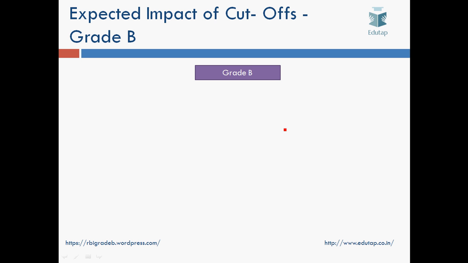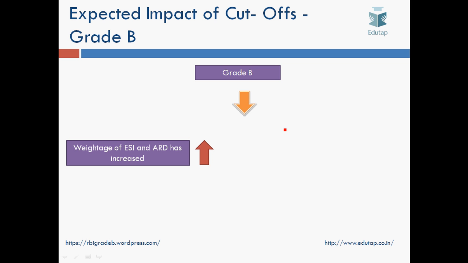Now, what is the expected impact on cutoffs for grade B exam? There are two scenarios. First, since the weightage of ESI and ARD has increased, and these are theoretical topics, the cutoff tends to increase with the increase in weightage of ESI and ARD, because people tend to score more here.